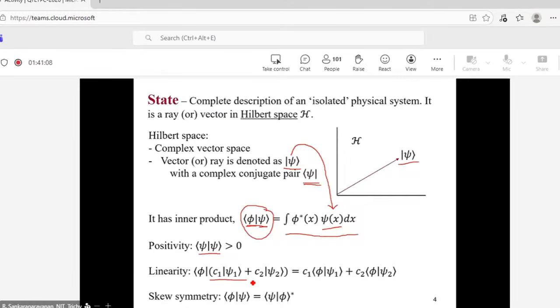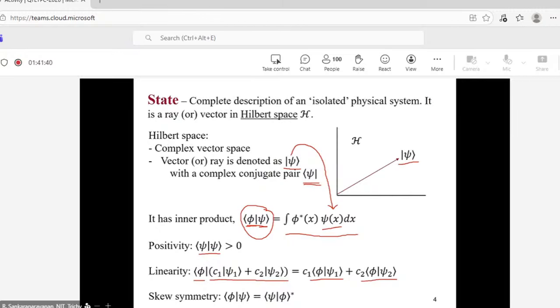If I have a state C1 psi 1 plus C2 psi 2, where C1 and C2 are complex numbers, and I take an inner product with another state phi, then this is equal to C1 times the inner product of phi with psi 1 plus C2 times the inner product of phi with psi 2. This is the linearity property, and so this space is called a linear complex vector space.